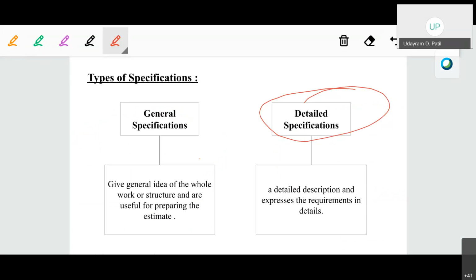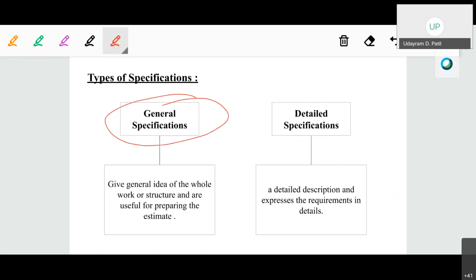Now, in case of the general specification, as we used in rate analysis or in the estimate, or whatever description is given in the DSR, that particular description is the general description.